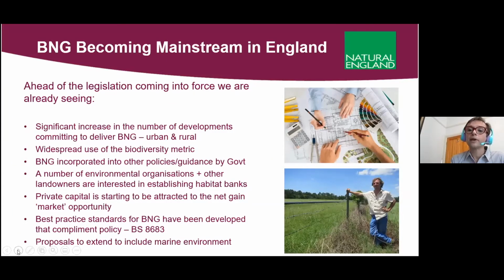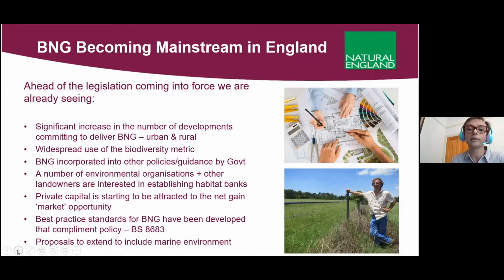So what's happened at the moment is, as a consequence of, firstly, the work that was done, as I said, in partnership with the professions, with developers, with planners and others, then the emerging policy, and now with the Act that's coming into force in the future, we're really beginning to see a significant change in the approach to how people think about nature and how people think about biodiversity in England.